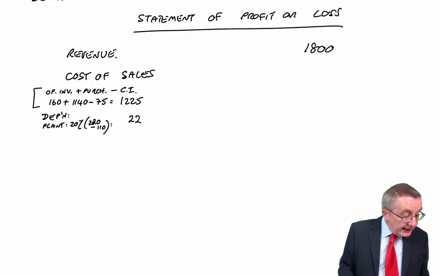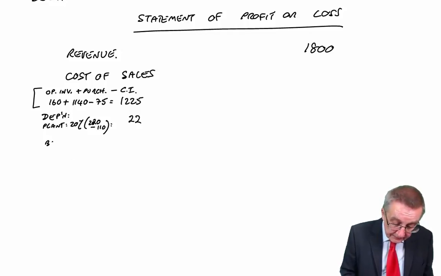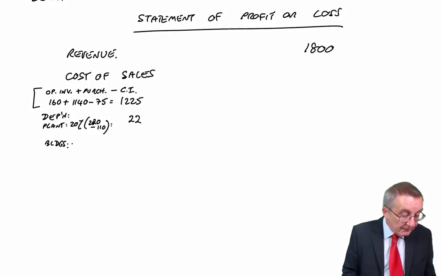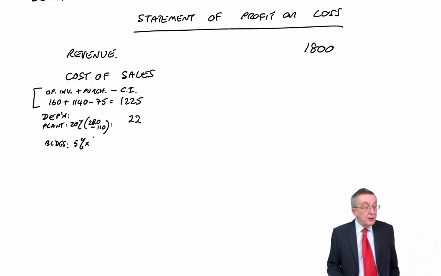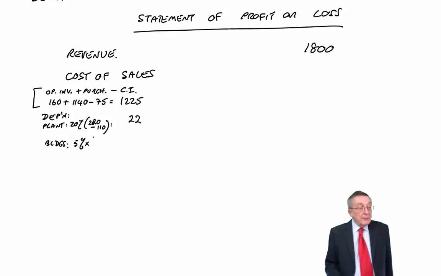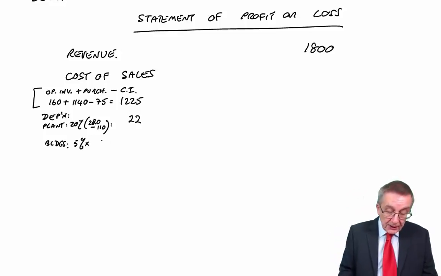Also, though, and finally, buildings. They're depreciated at 5% on original cost. From the trial balance, first line, buildings at cost is 740.